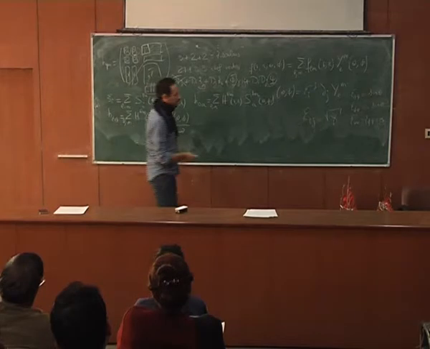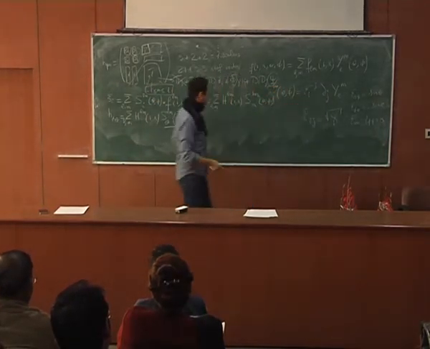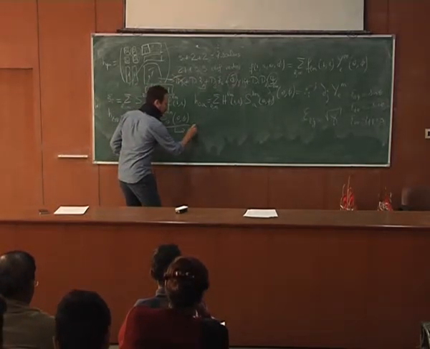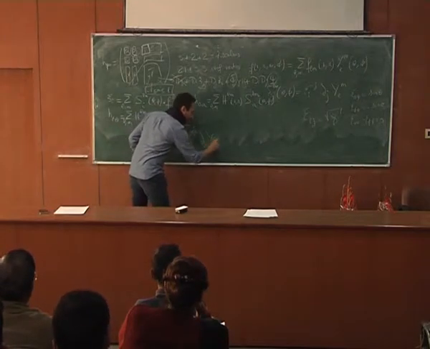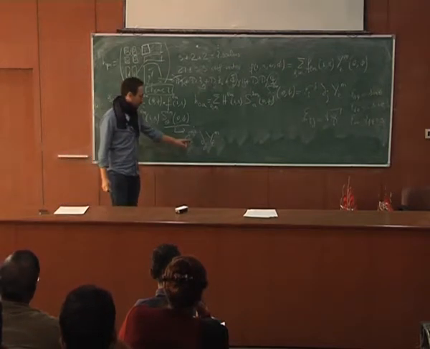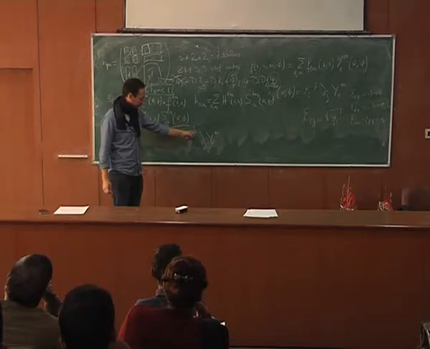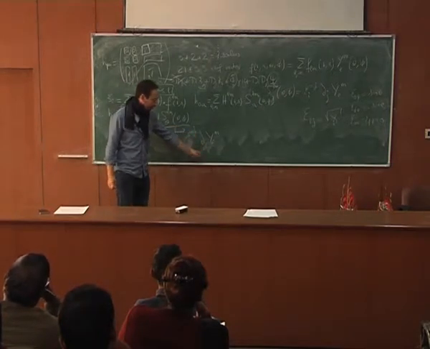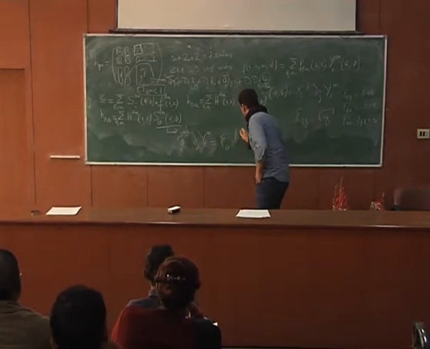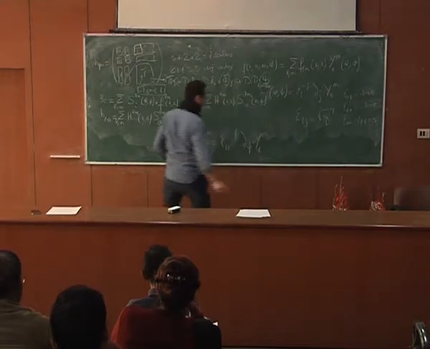I'm just using this formula here. I'm having this thing here. So it's epsilon_θ^j ∂_j of a spherical harmonic. Now, these indices cannot be equal because it's a completely antisymmetric tensor. So j can take only the value phi. So it's equal to epsilon_θ^φ ∂_φ Y_lm. So this is what I have.